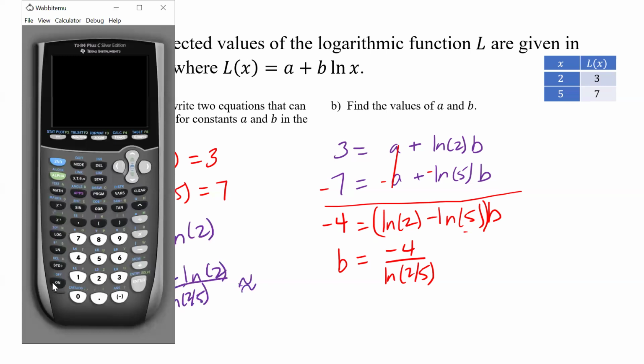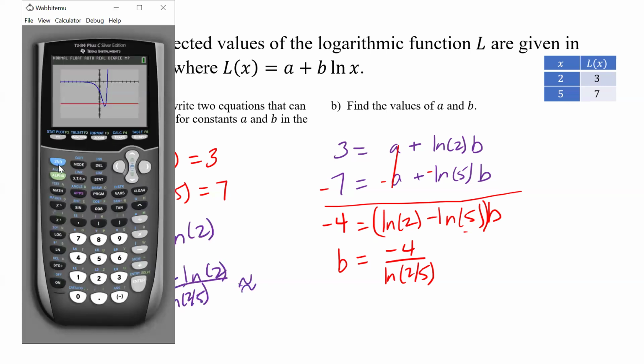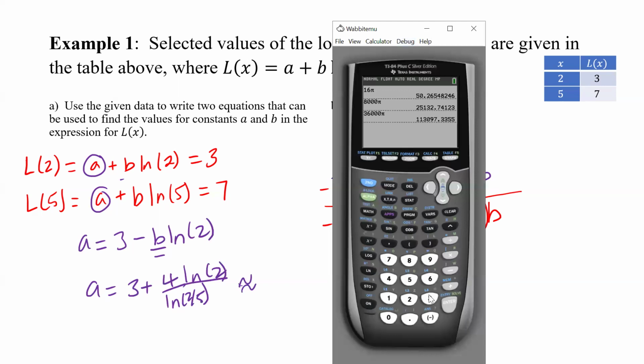Open up Sylvie. Hey, girl. And in Sylvie, we have 3 plus, and I'm going to do 4 natural log of 2 divided by natural log of 2/5. And if you don't like reducing along the way, you can keep everything as a whole. The calculator is going to do the work for you if you're using a calculator.